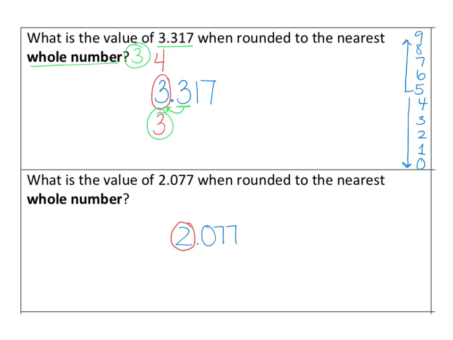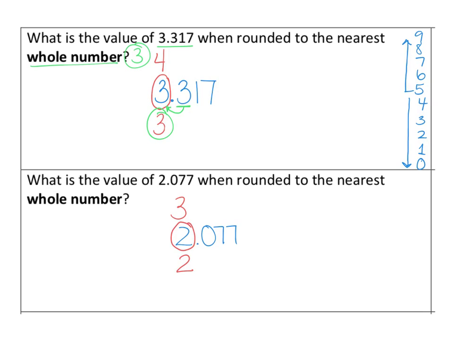So the 2 is not a decimal or a fraction. So 2 and 77 thousandths is either going to round down to just 2, or it's going to round up to 3, which we did on our number line.